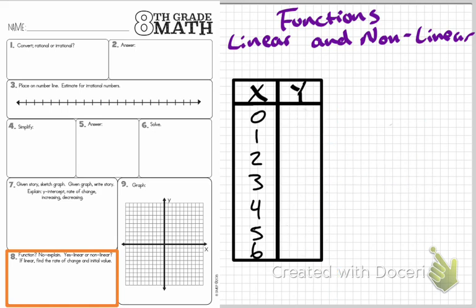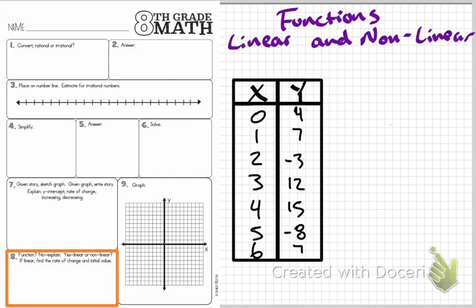Finally, let's take a look at one more example in a table. Here, I'm going to notice that on my x side, I'm still counting by ones, which is a helpful place to start, but I'm not really seeing a pattern.